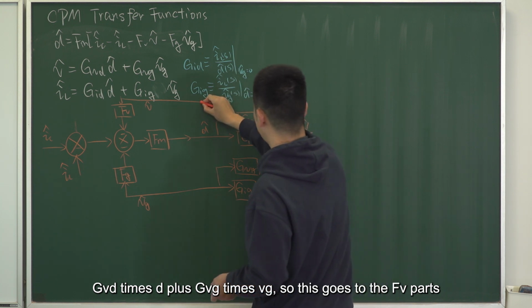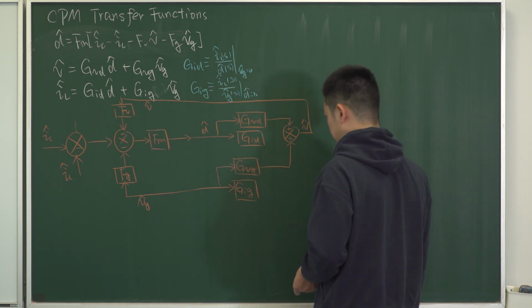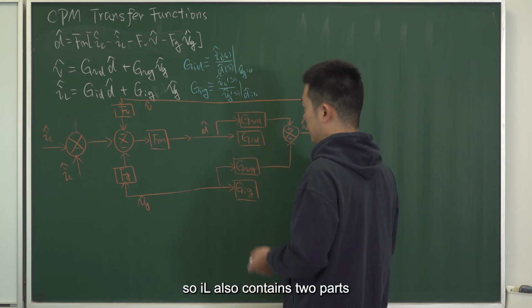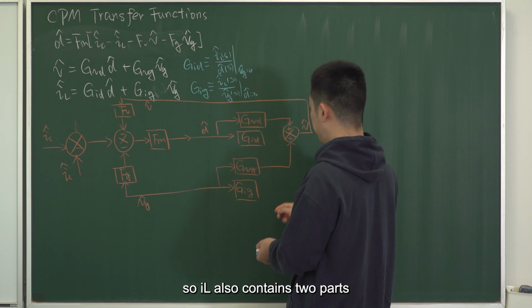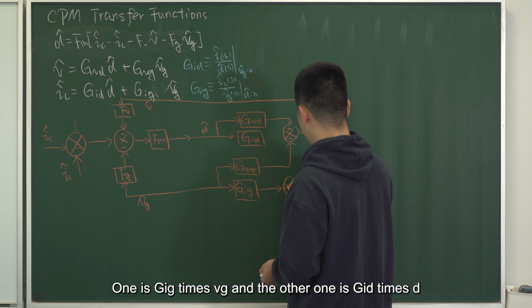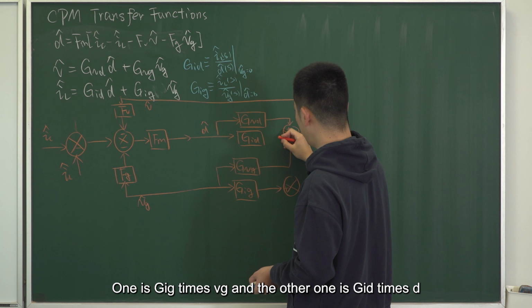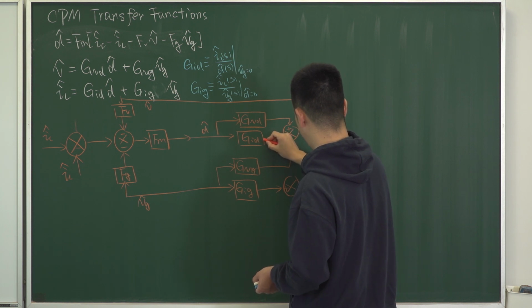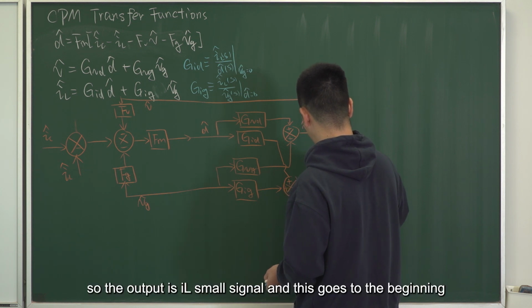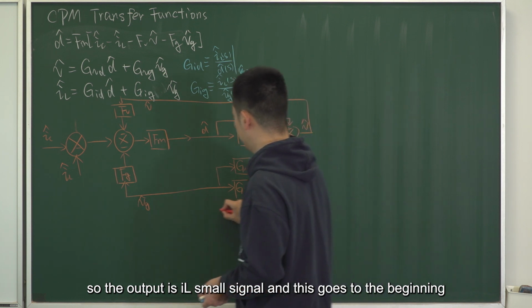This goes to the FV part. Then we look at the last formula. IL also contains two parts, so we add another operator here: one is GIG times VG, and the other one is GID times D. The output is IL small signal, and this goes to the beginning.